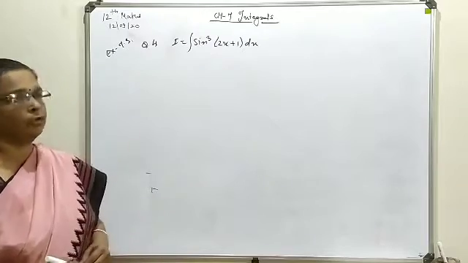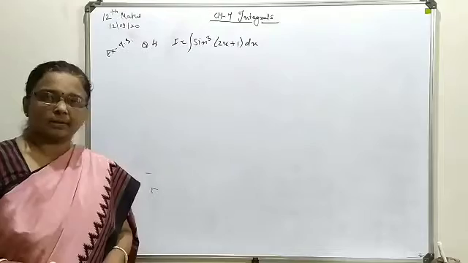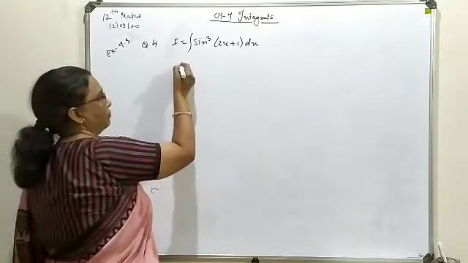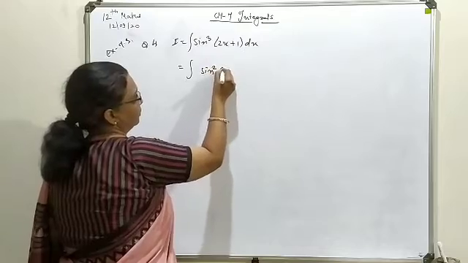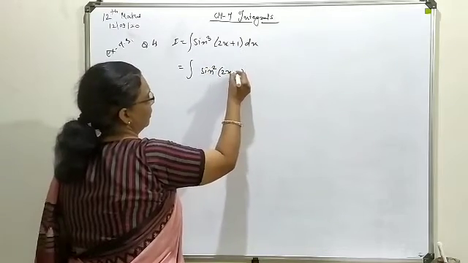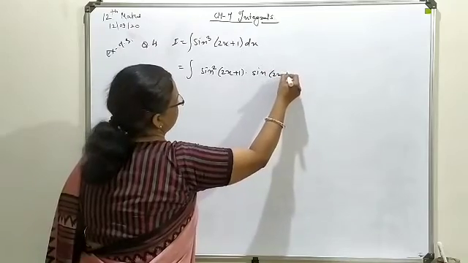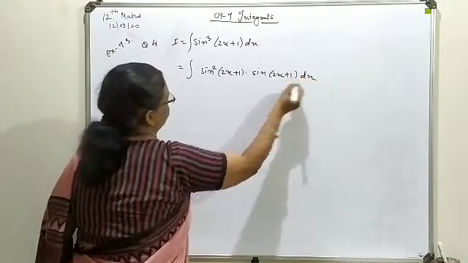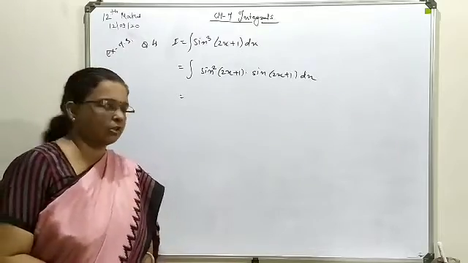Here we are going to split this sine cube as sine square into sine x and write the solution form. Now we write this as sine square (2x plus 1) into sine (2x plus 1) dx. Normally we generate the dt form, meaning the differentiation form.